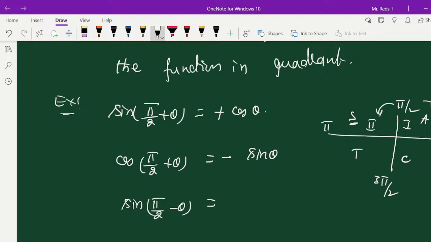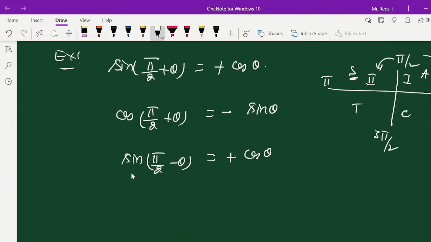Pi by 2 minus theta comes in the first quadrant. Here all are positive, so plus, and sine changes to cos, so plus cos theta. Whereas for cos(pi by 2 minus theta), the first quadrant is all positive and the co-function of cos is sine, so plus sine theta.